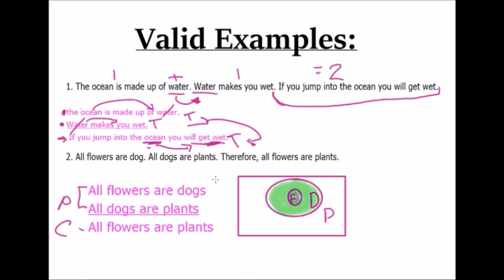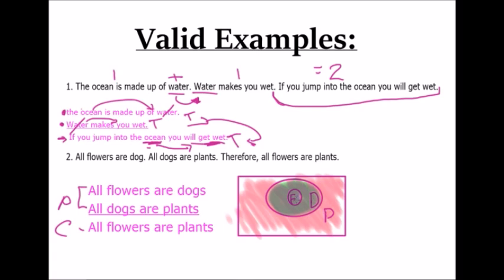But now you see the dogs overlapping flowers. And then if you shade over all where plants are supposed to be, you can see that it overlaps flowers right here. So with that being said, plants and flowers would be connected.